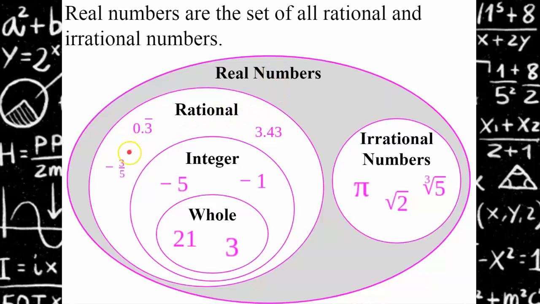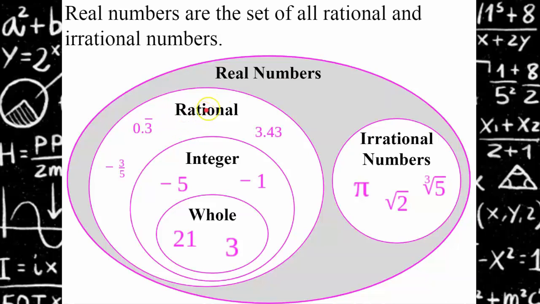Then I have three rational numbers here. -3/5 is rational because it can be written as a ratio of two integers, but it cannot be simplified to an integer or a whole number. So -3/5 is rational and real. Then I have 0.3 repeating, 0.33333.